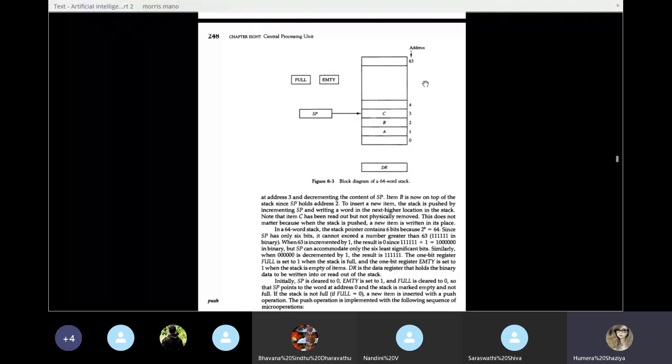But that is not the scenario. It is quite different. How is it different? That simple stack, whatever you have implemented in a simple program, has got tremendous applications.